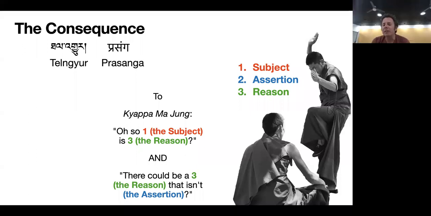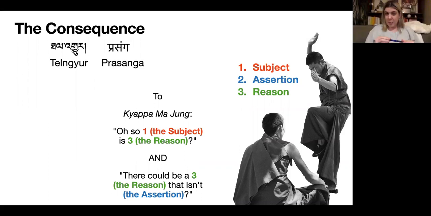So there could be a furry kitten that is not born of a furry cat. Well, now wait. There could be something which is born of a furry cat. Okay, so there could be something born of a furry cat that isn't a furry kitten.